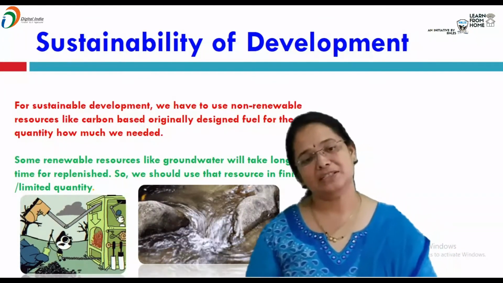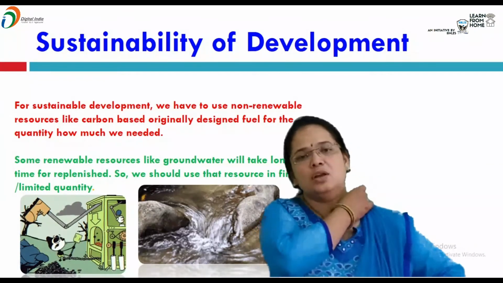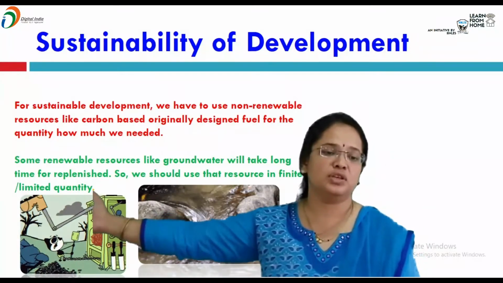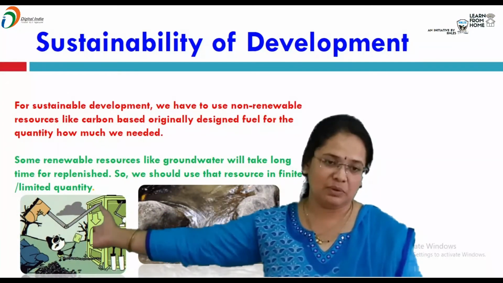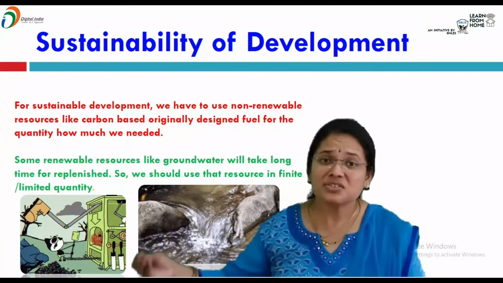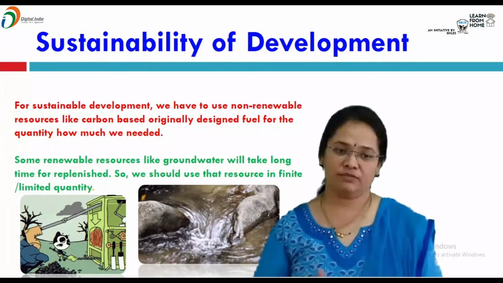Again, one more point: while doing sustainable development, we should use non-renewable resources in a limited manner. Here coal is used in industry, for example, so there should be some limit to its use so that its reserves cannot be finished. Hence, we have to take care of that.